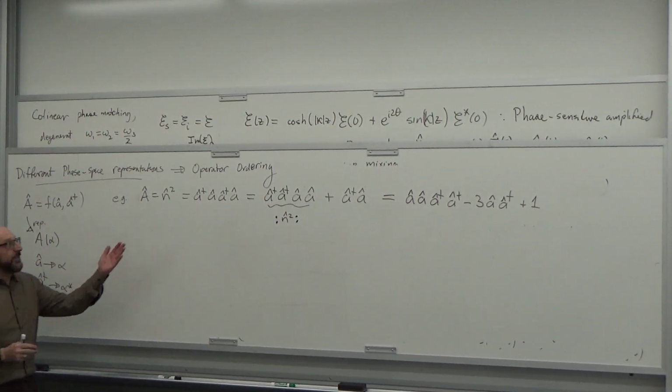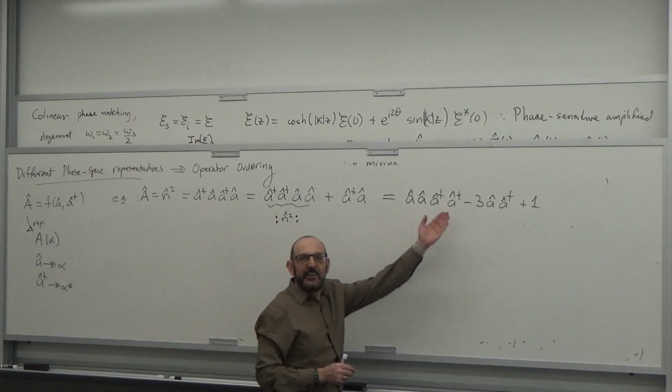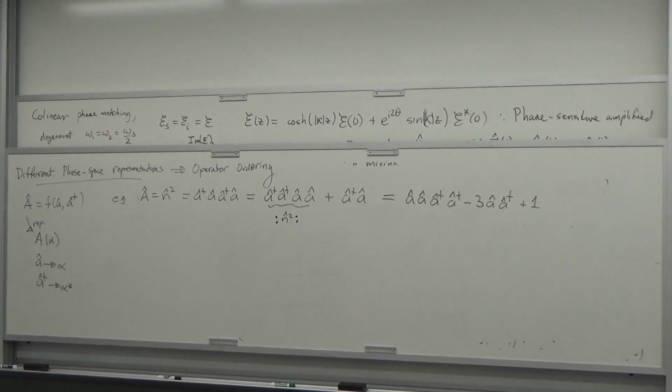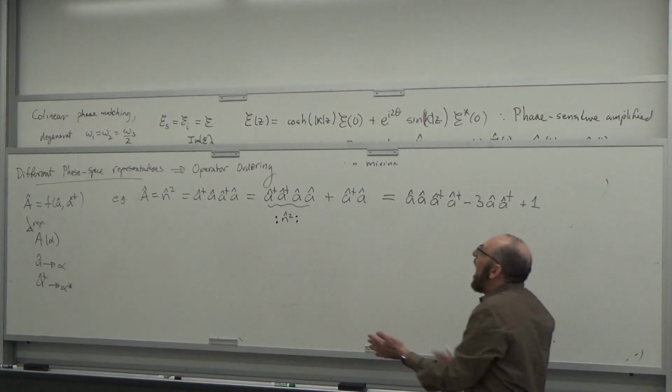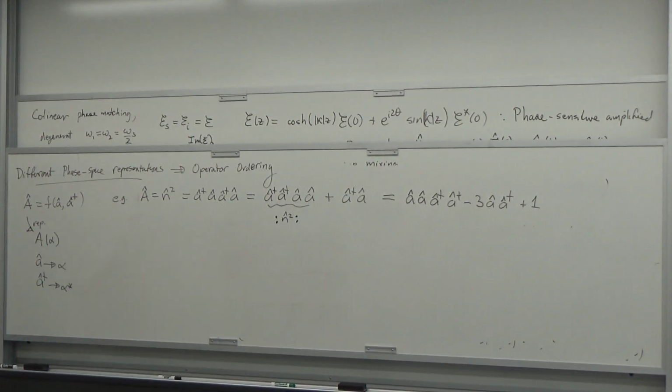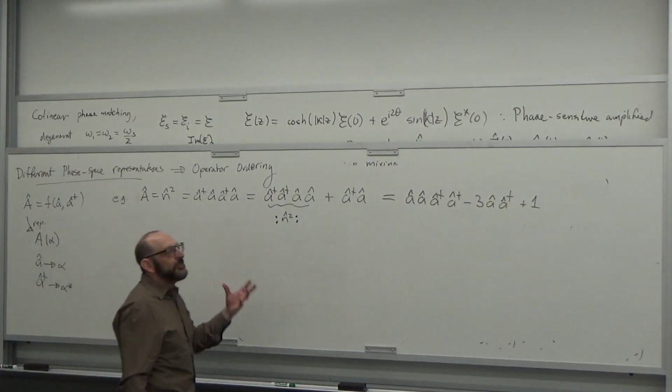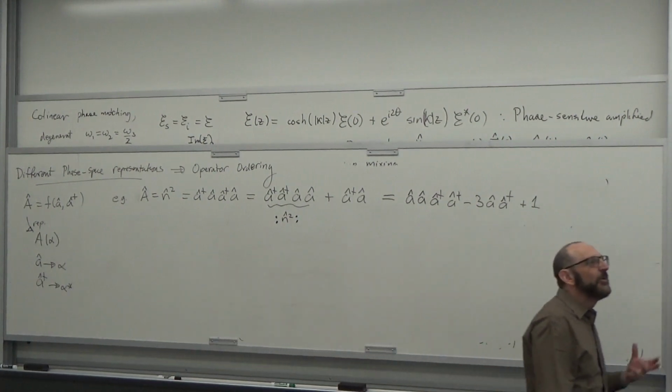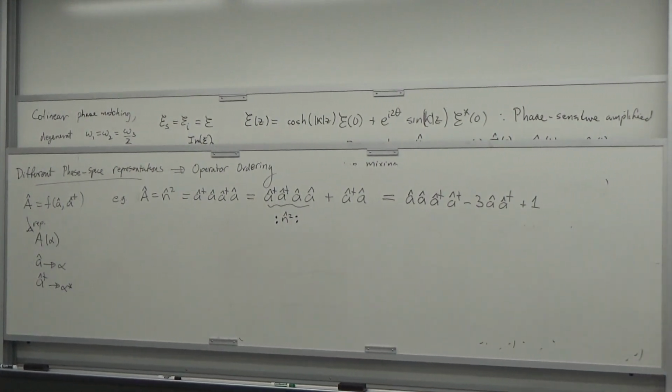But there are three different functions that I would get, depending upon how I moved around the A's and A daggers. So there are three different representations that correspond to three different operator orderings.